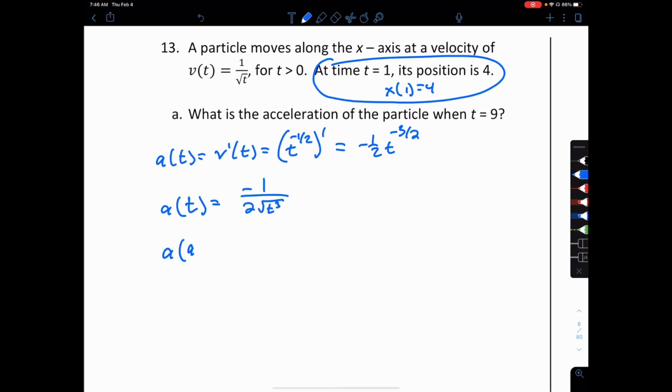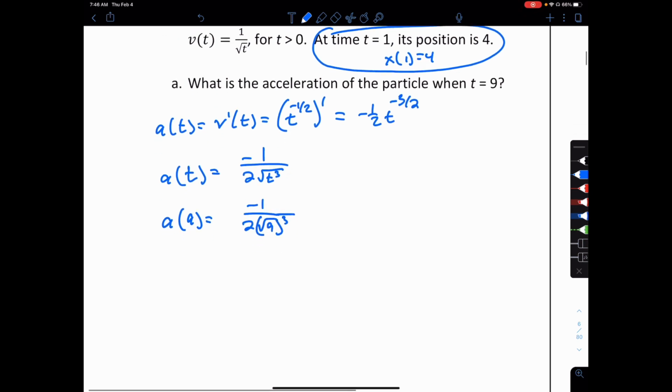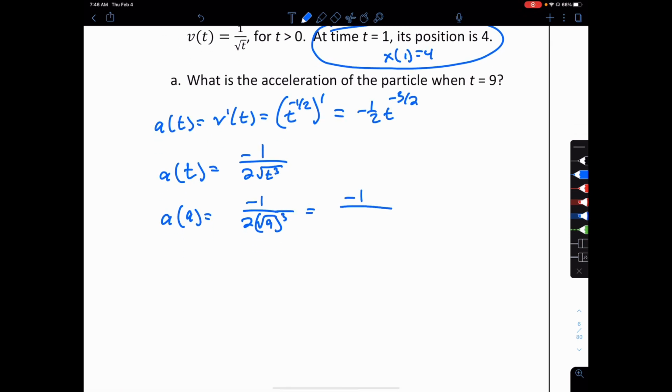So if I substitute the 9 in for t, I get the square root of 9 cubed, or I can cube the 9 and then square root it. Square rooting it first is going to be easier. Square root of 9 is 3. 3 cubed is 27. So this is going to be negative 1 over 54. What kind of units are we talking about?